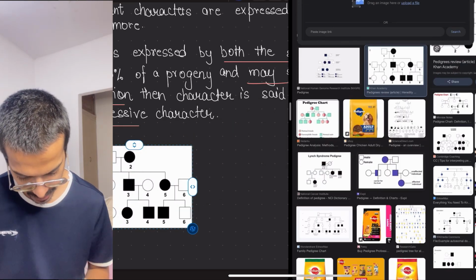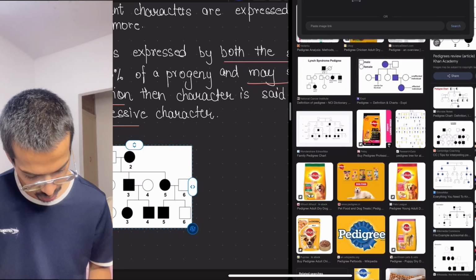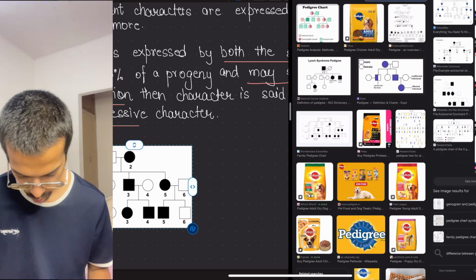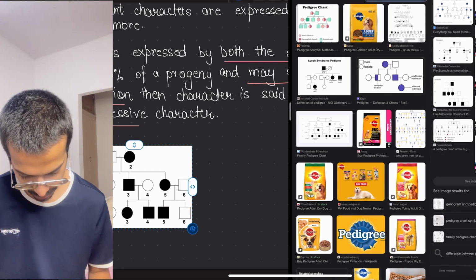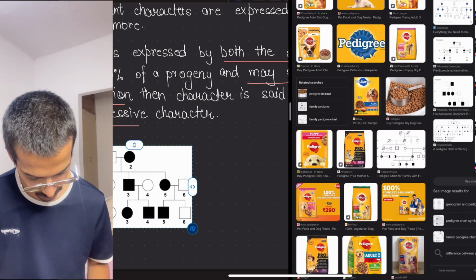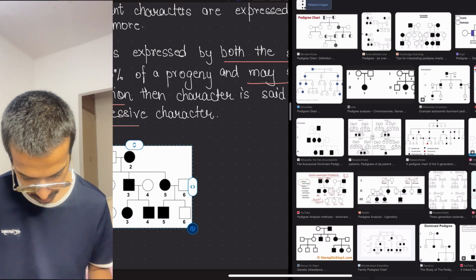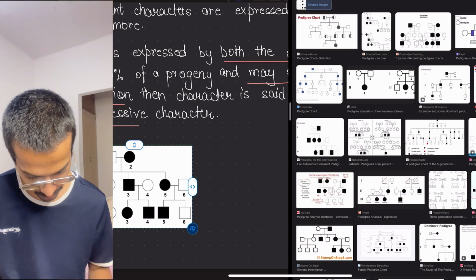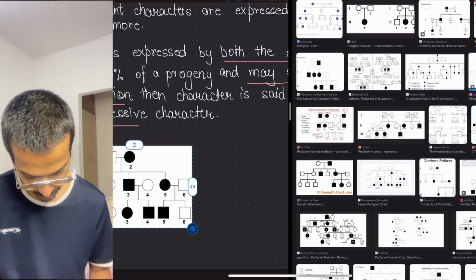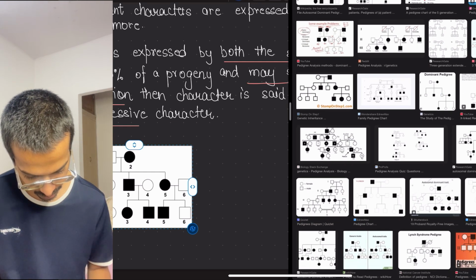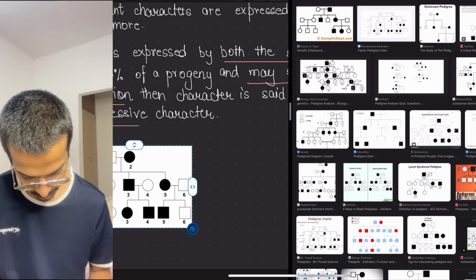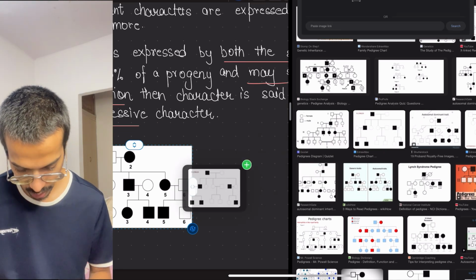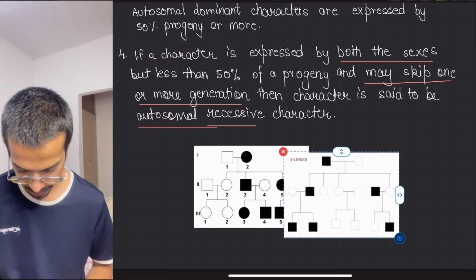I will take a few examples of pedigree so that you can understand it. Okay, these two examples we will study.